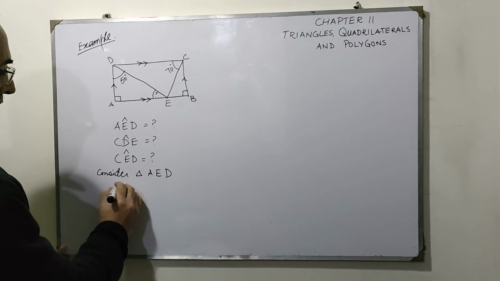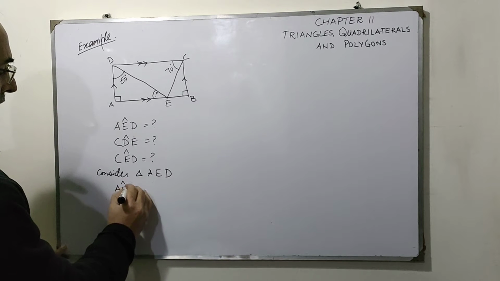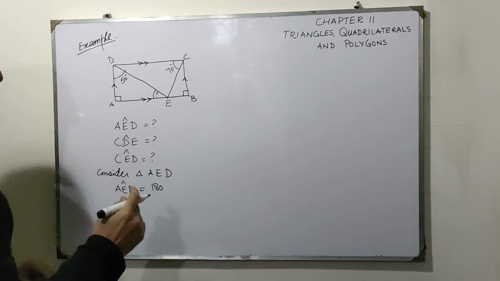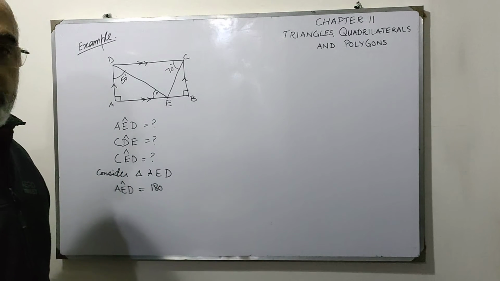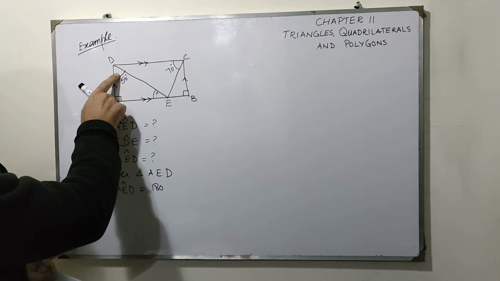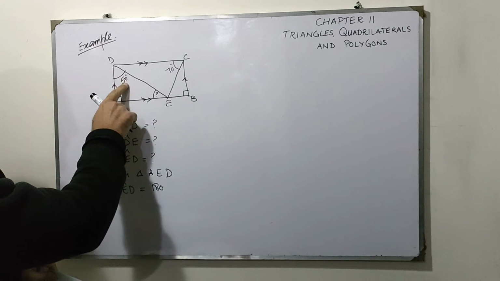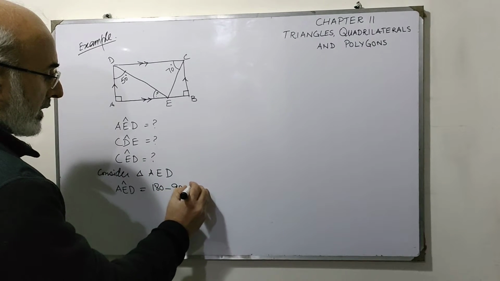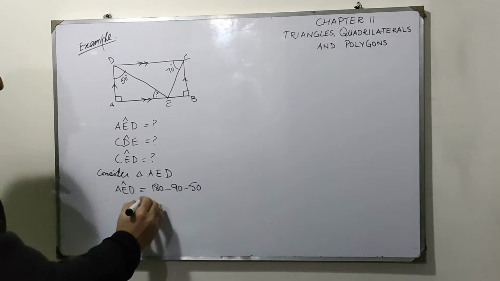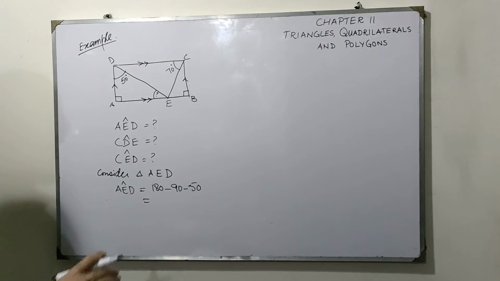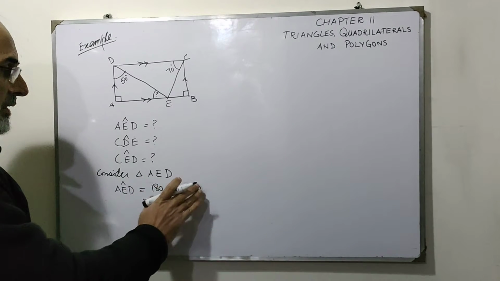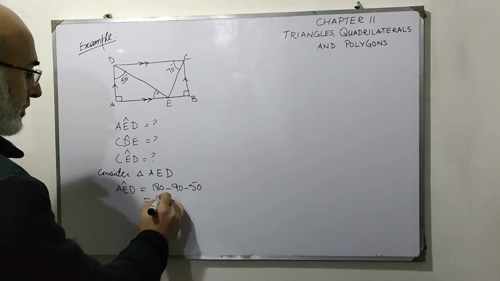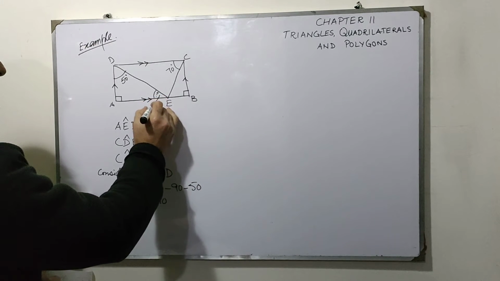The angle AED equals 180, the total of the interior angles, minus this angle of 90 degrees and 50 degrees, so minus 90 minus 50. So 180 minus 140, so I have here 40. So this angle is 40 degrees.